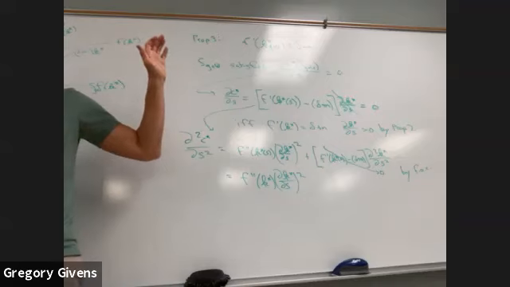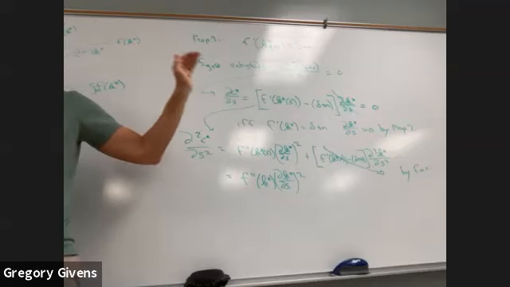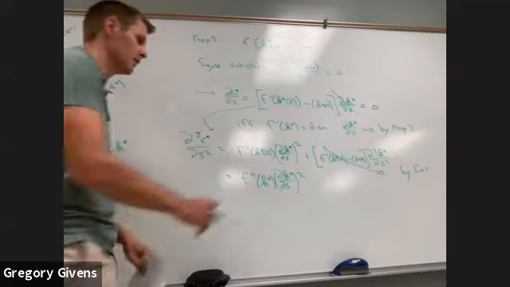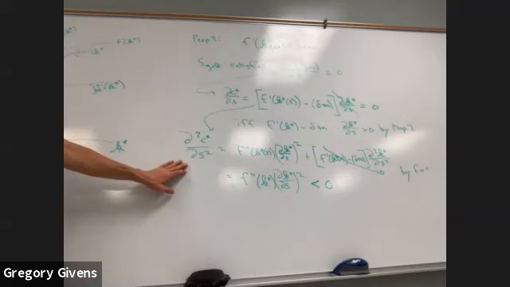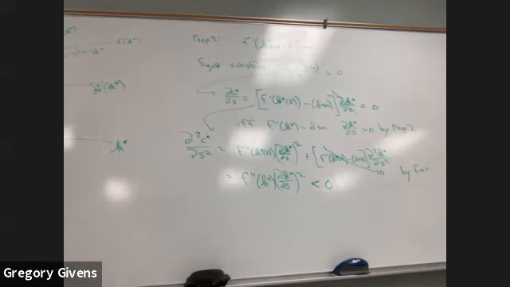Because the production function is assumed to have diminishing returns to capital. It's strictly concave. Negative times a positive makes the whole thing negative. Therefore, the golden rule level of savings is a local max, not a local min. But it's local, not global.